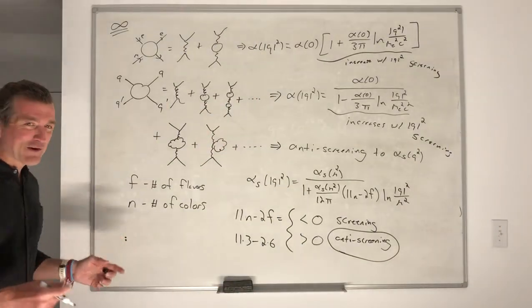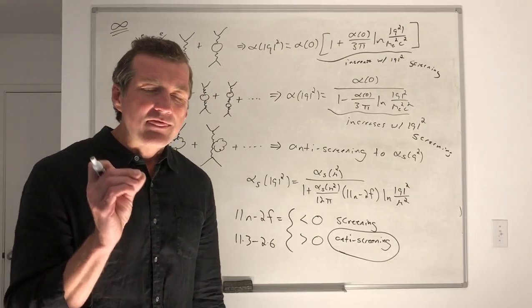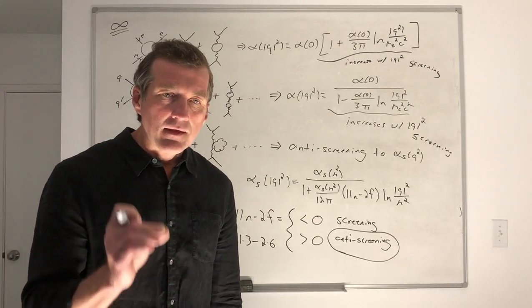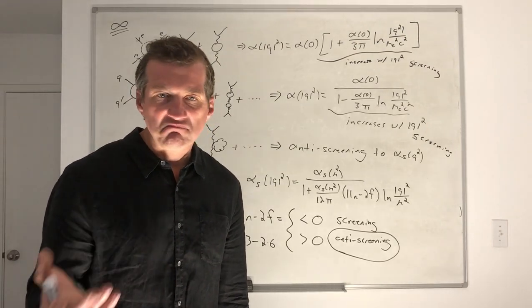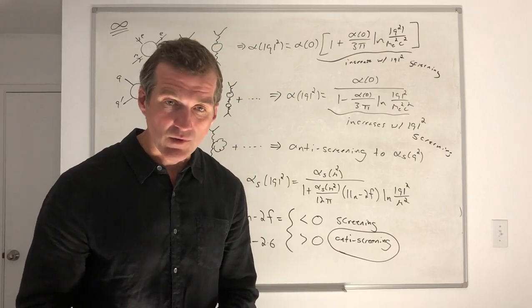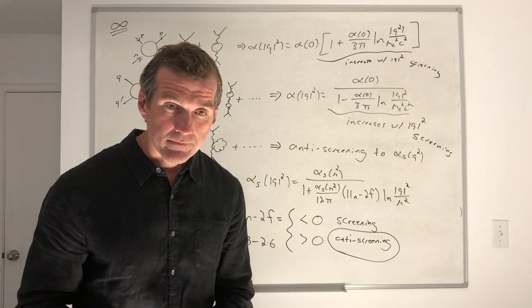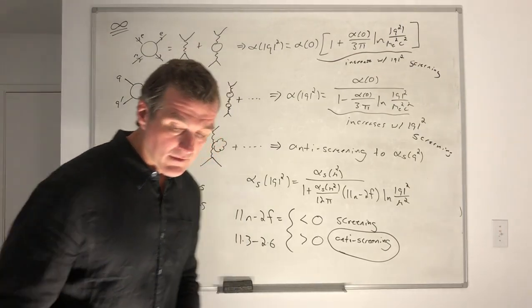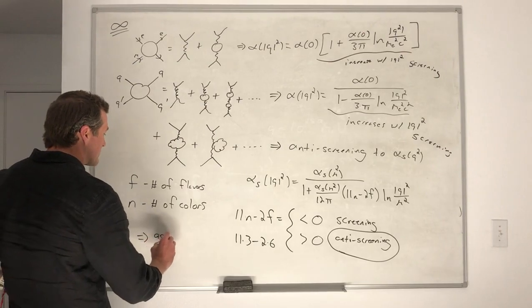But when 2 quarks are at a really small distance, their coupling becomes small. In fact, you can take the limit. If their separation goes to 0, then their coupling goes to 0 as well. Okay? This is a phenomenon that's called asymptotic freedom.